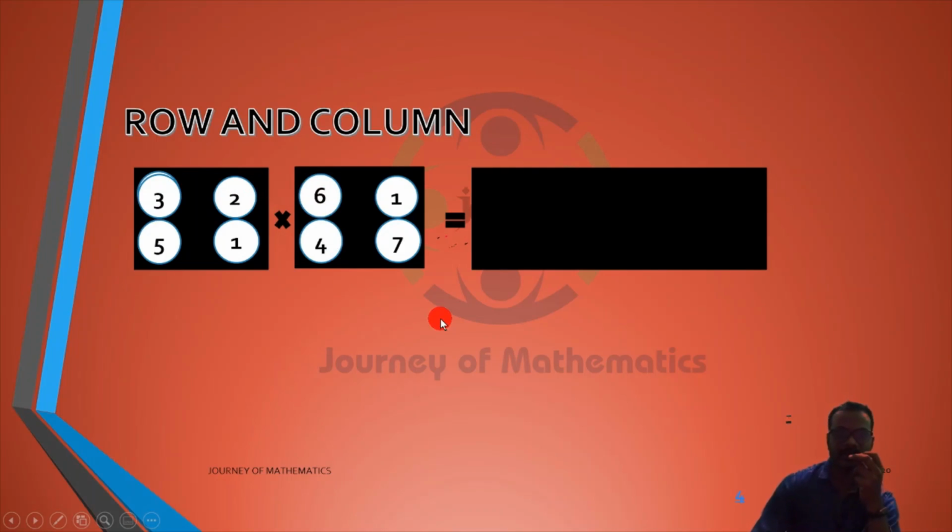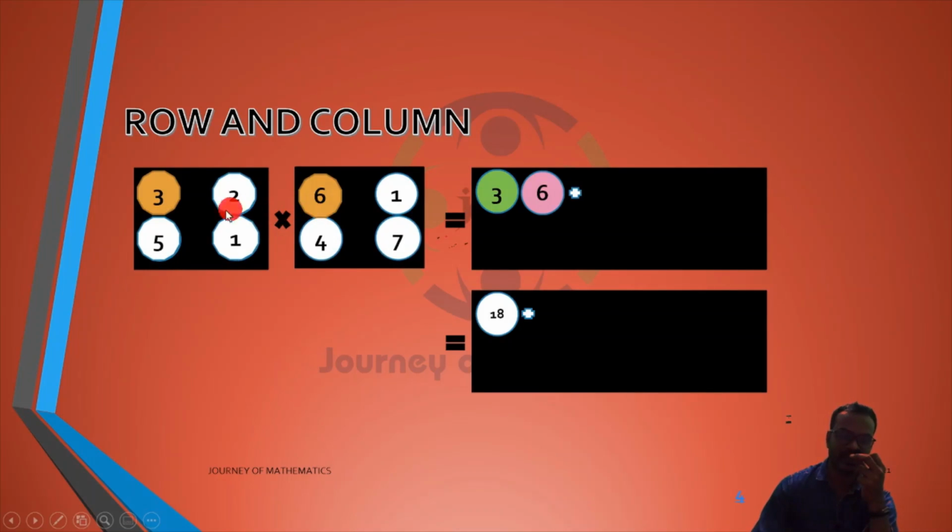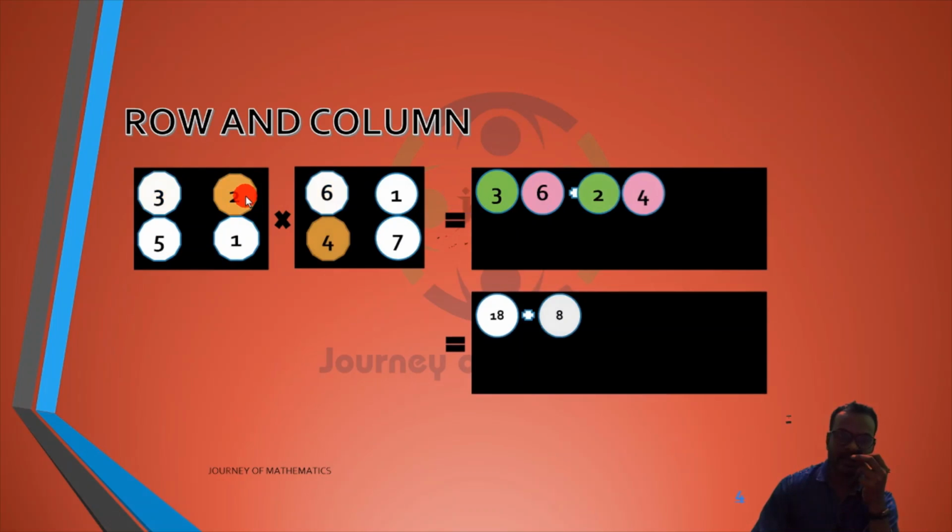So first I will show it like this. 3 into 6, that means first row element into first column element in the second matrix, plus the second element of the first row into the second element of the first column. With this, the first position is over.